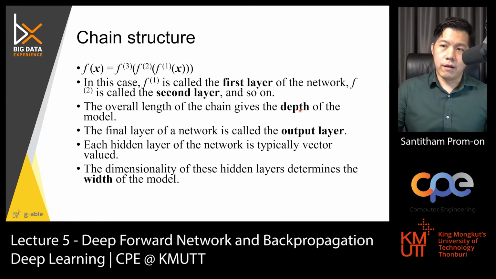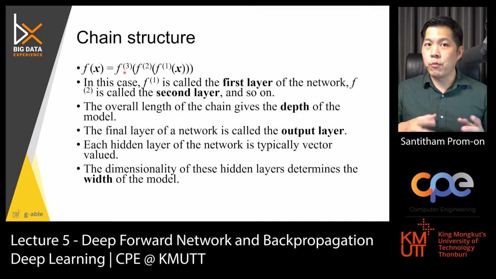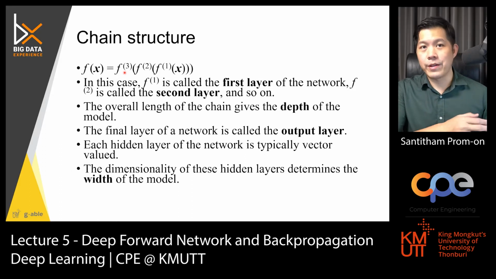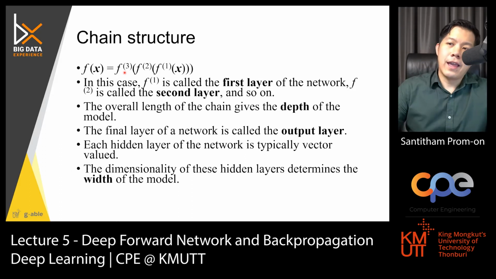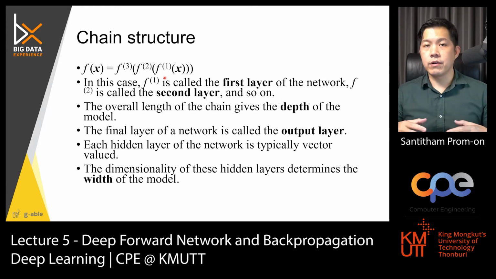Finally, once it reaches the output, this is called the output layer. The output layer has to have a format that matches the output that you want to predict. The inside layers, F2 and F1, are called hidden layers because they are inside, and we cannot see how they work.